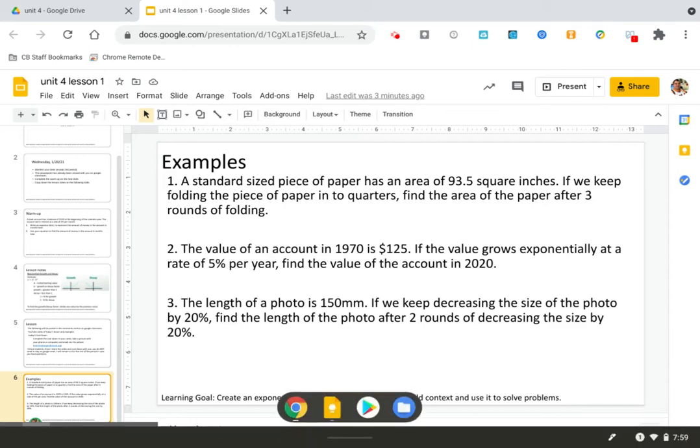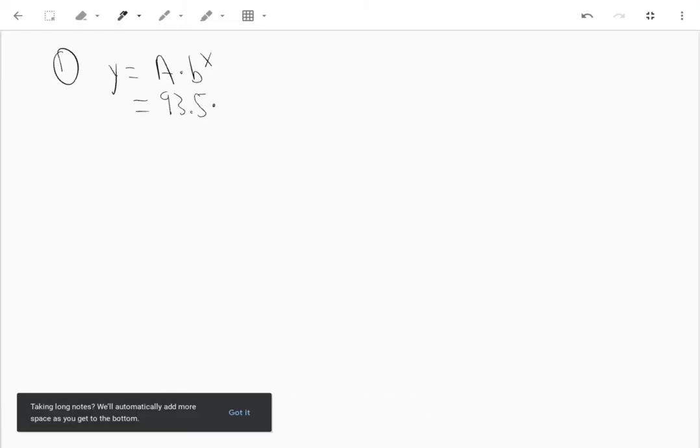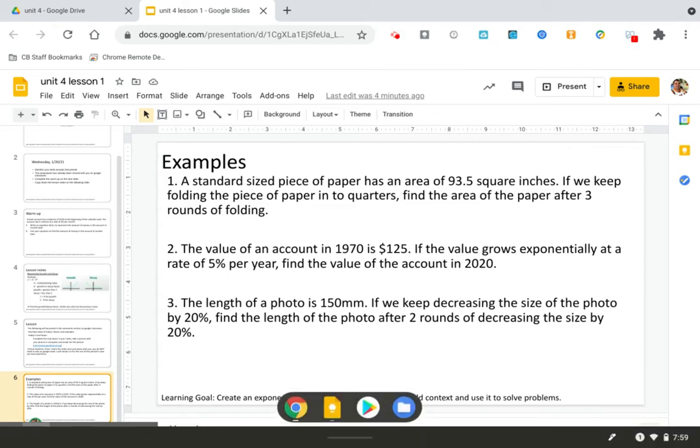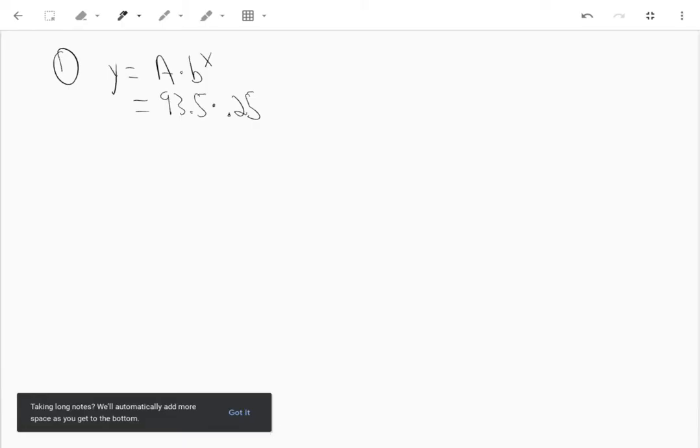So if we're folding it into quarters, that means my B value is going to be a quarter, or 0.25. 0.25 is 1/4. Okay. Find the area of the piece of paper after 3 rounds of folding. So our X value is going to be 3.